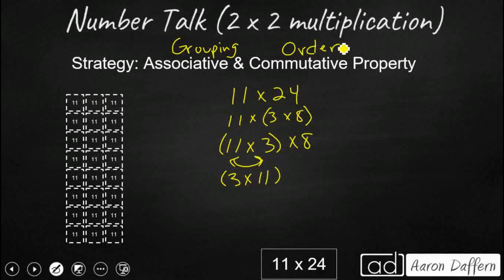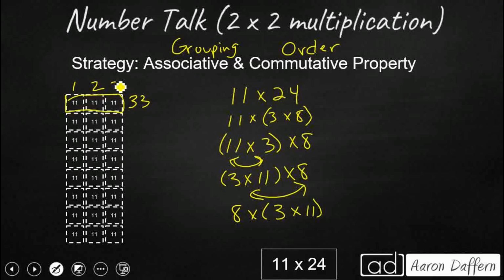That's the same. It's just easier for me to draw 3 groups of 11 because that's what I've got right here, 3 groups of 11. But I've got 8 groups of 3 groups of 11. So I'm going to flip the order one more time, and that's what I finally have. I'm going to take my 3 groups of 11, which is 33, because I've got 1, 2, 3 groups of 11, and I'm just going to skip count by 33s all the way up until I hit 8 times.